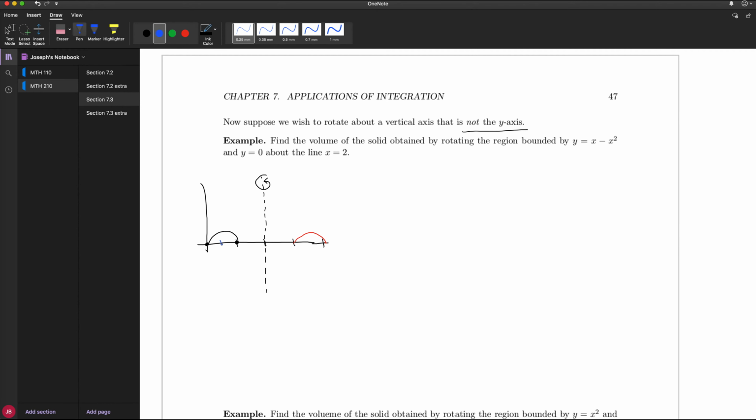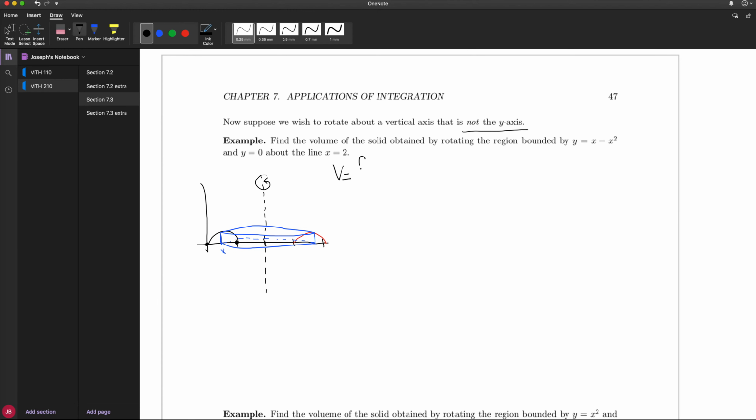So let's pick an x value. The cylinder that we get when we rotate this is going to look something like this, right?